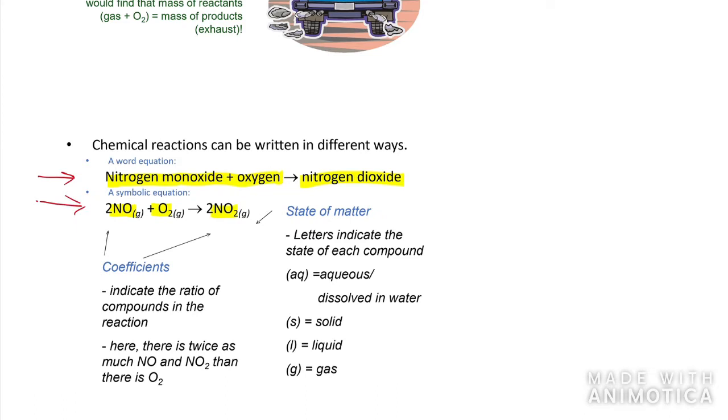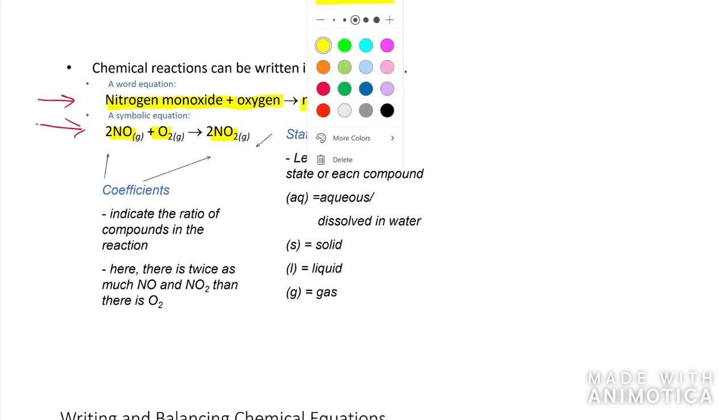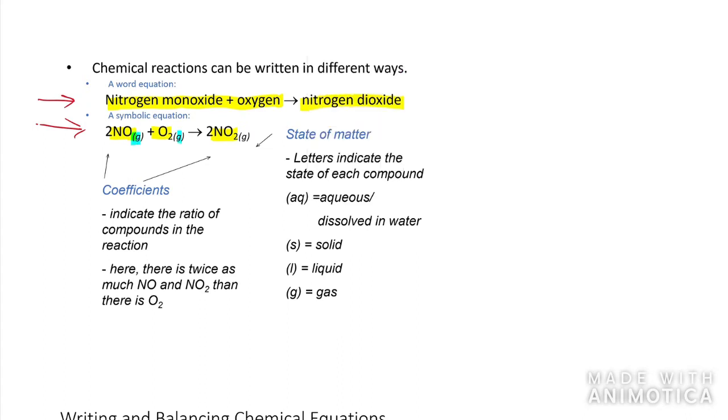So looking at these equations, they can look really complicated, but once you break it down, it's not so bad. The little symbols underneath the different chemicals, right here, are actually just the state of matter, which tells you which state that chemical is found in.